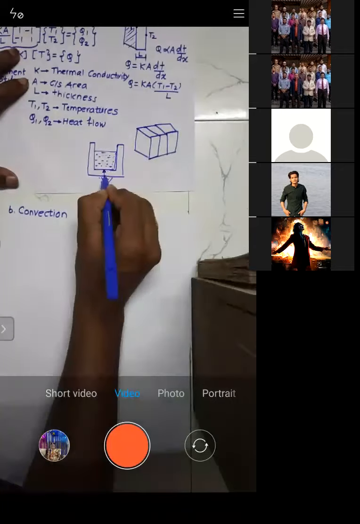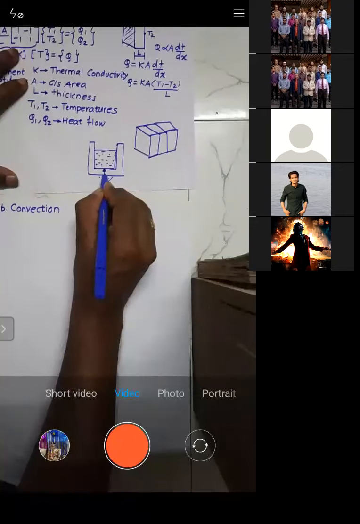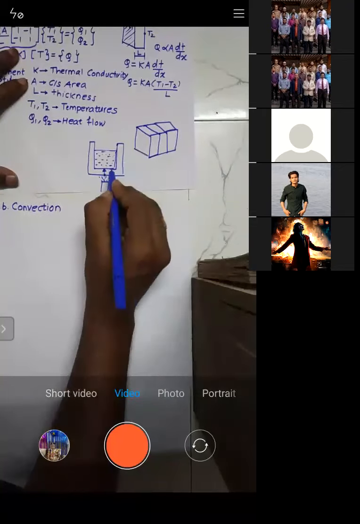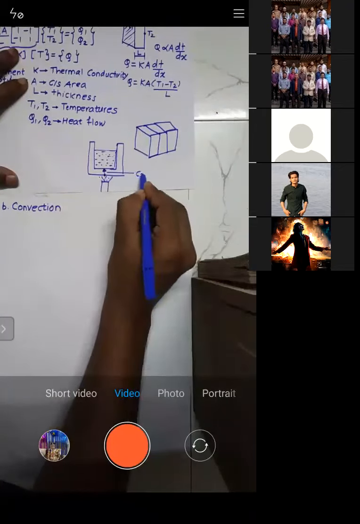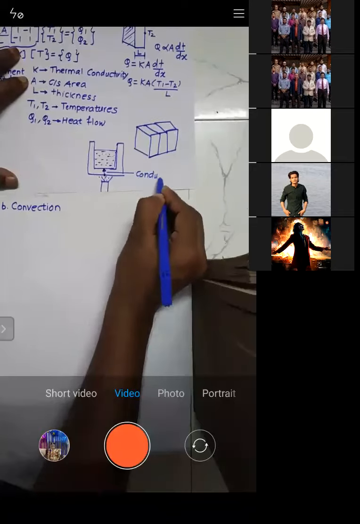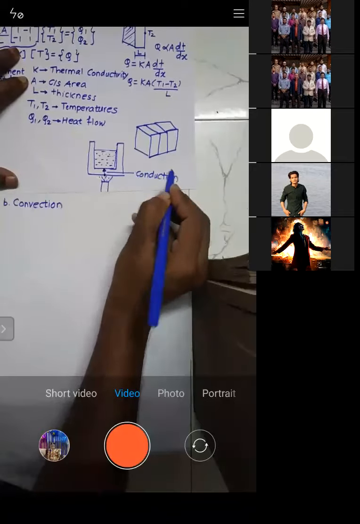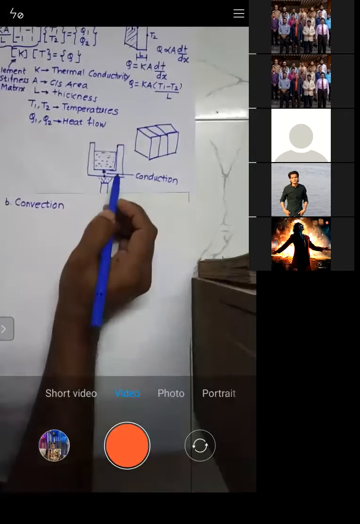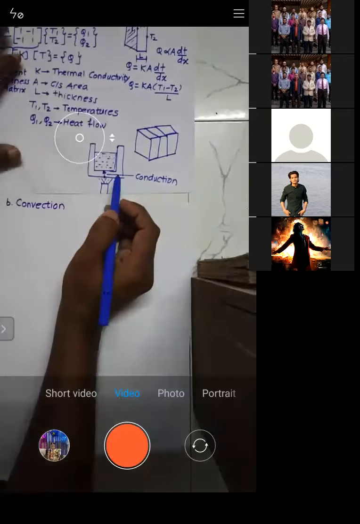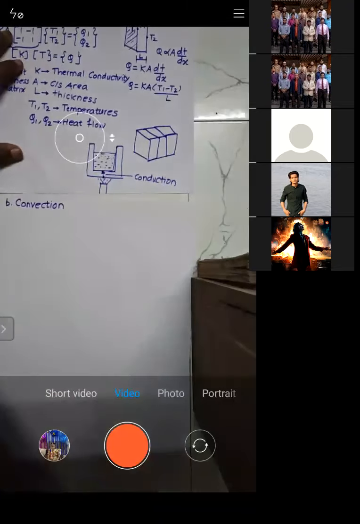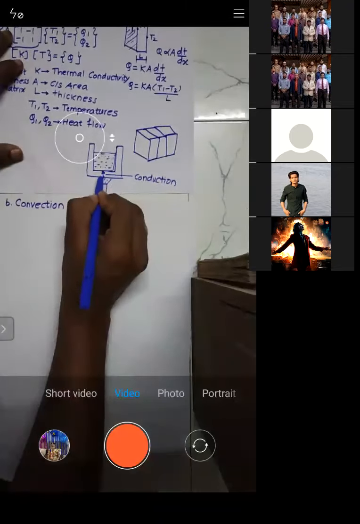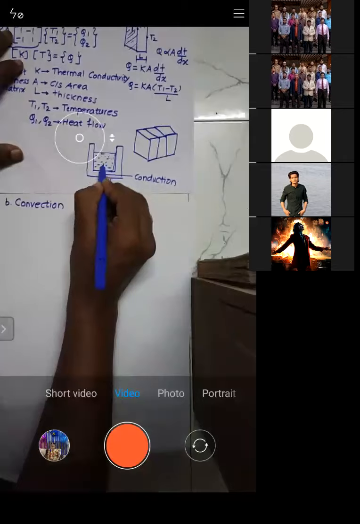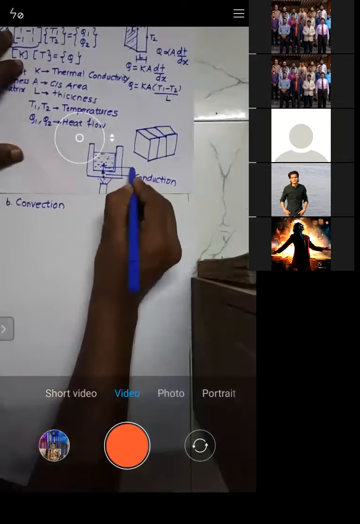Okay, that is by conduction. Now your heat has reached this point, the outside surface of the vessel. Now heat will be transferred from this part to the water by convection.